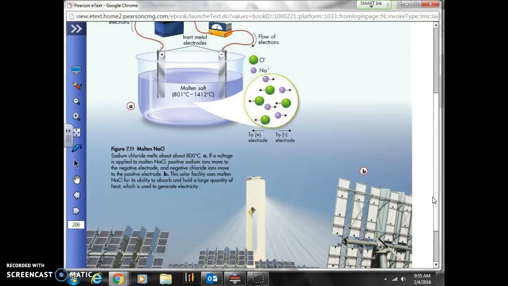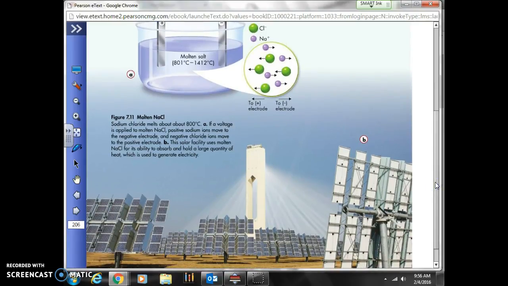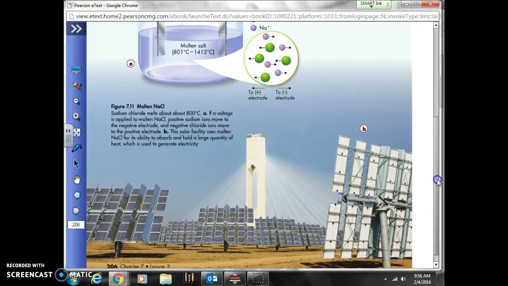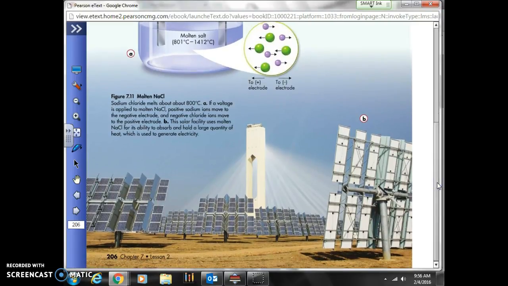They are showing a picture down here of it being used at a solar facility to absorb and hold large quantities of heat, which can then generate electricity. That's what this picture is on page 206. So those are your three properties of ionic compounds. You need to know those. And that's it for ionic compounds.